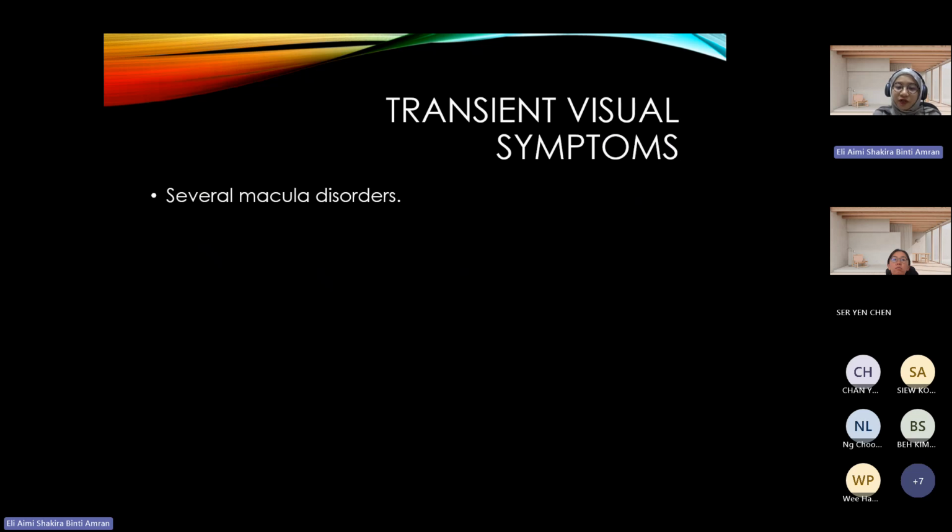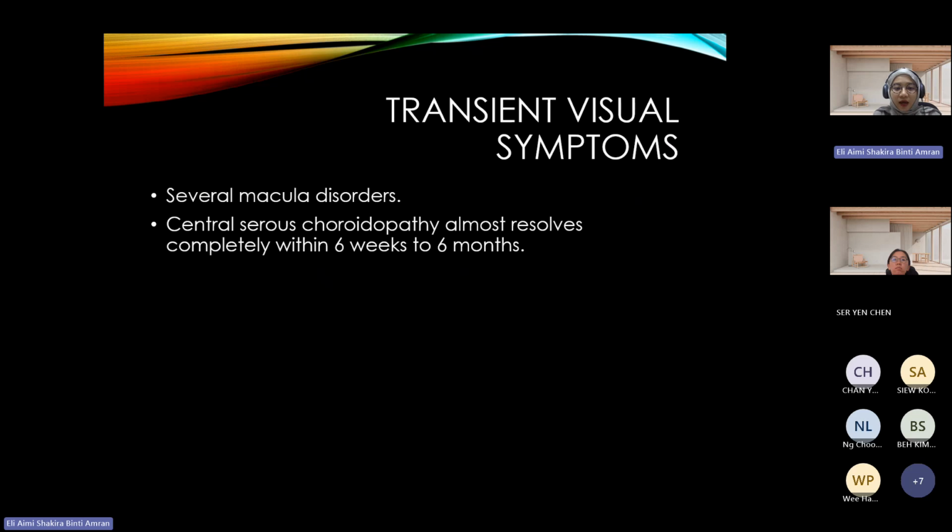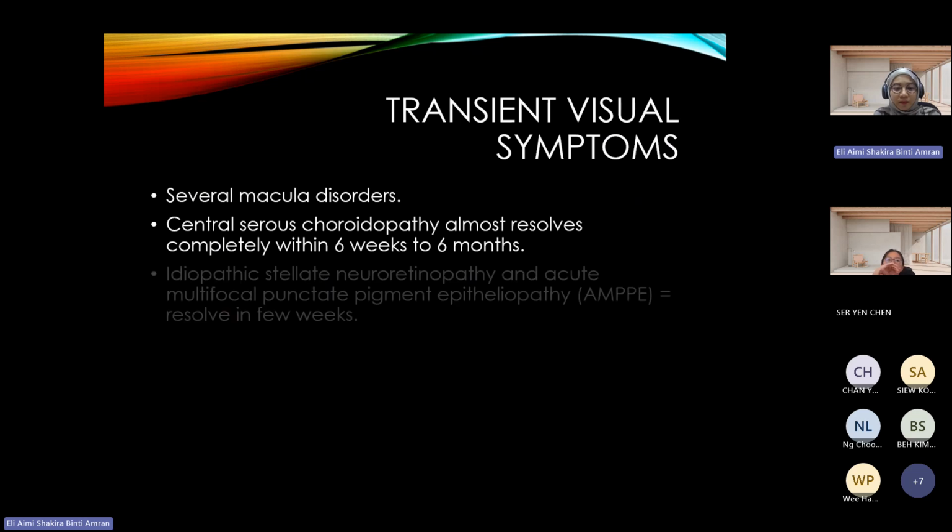For transient visual symptoms, usually related to macular disorders. If patient is having central serous choroidopathy, it will resolve by itself around 6 weeks to 6 months.